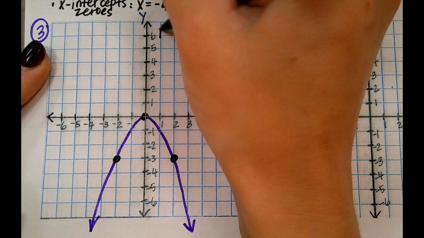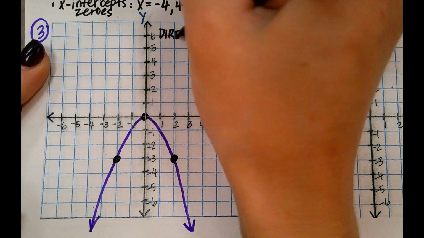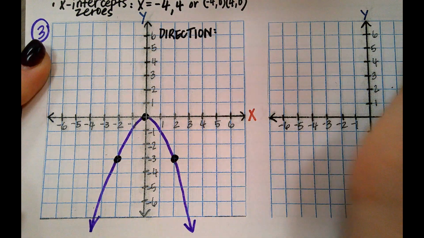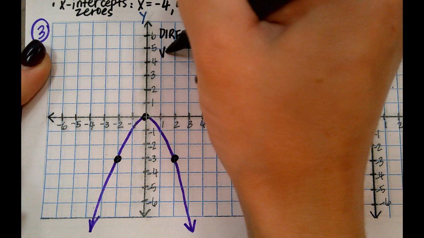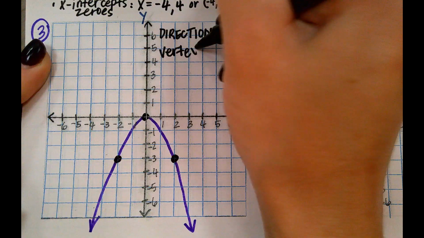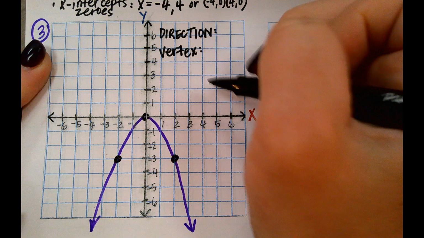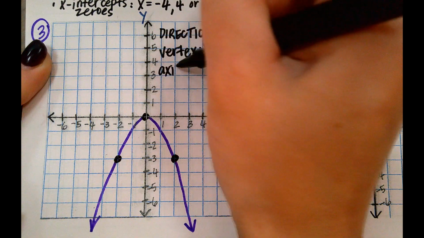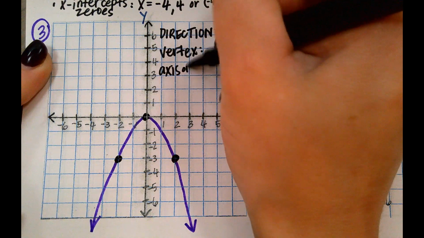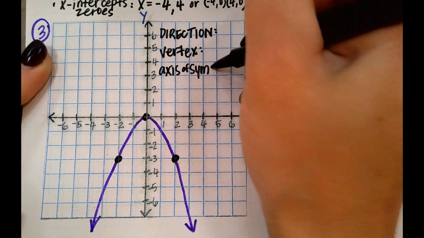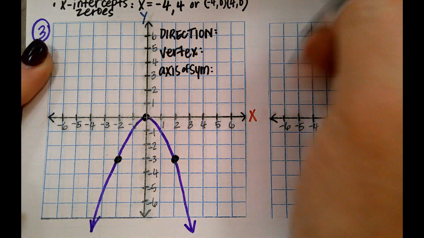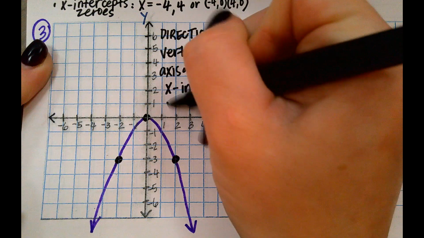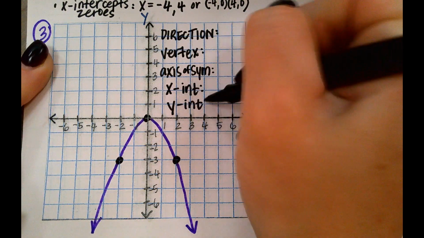Okay, so I'm going to write direction, and then vertex, axis of symmetry.